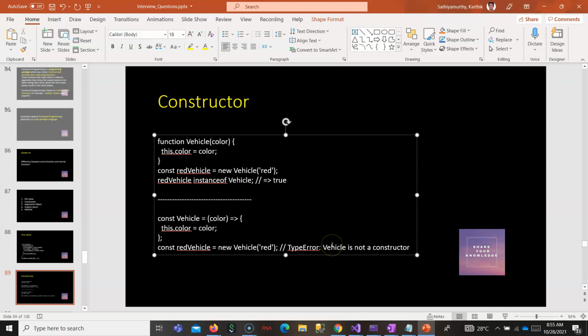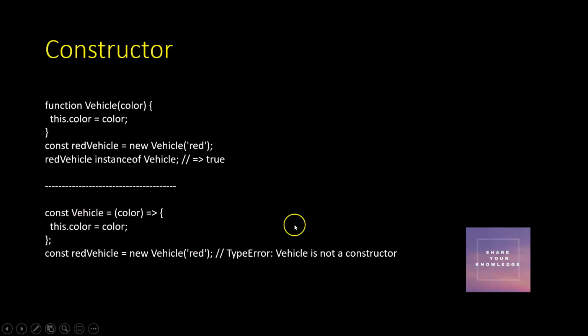So always understand that for using a function as a constructor, you have to go only for a normal function. You should not go for an arrow function because you will get an error. This is one of the drawbacks of using an arrow function.